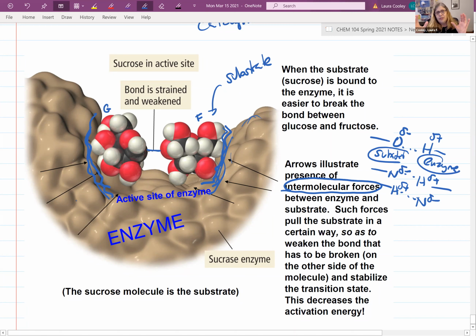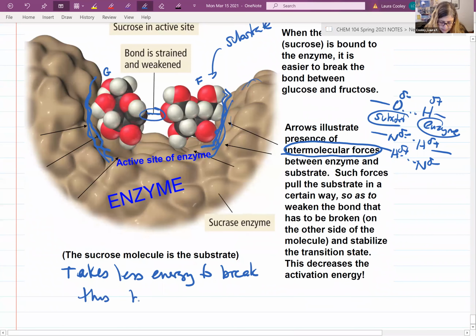And what they do is they kind of pull the molecule a little bit, stretching that bond. If this bond is stretched, it's weakened, it's not as strong. And that means it takes less energy to break the bond, because of all of these attractive interactions.